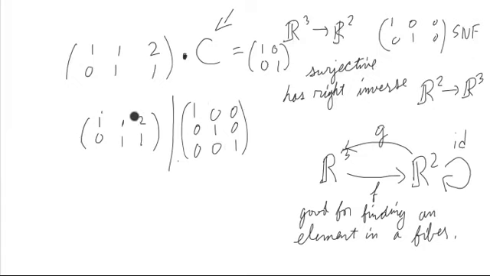So we're going to apply the column operations to the identity matrix, and that will give our column operations matrix, which will be a map from R3 to R3. Then all we have to do is modify this in a way so that we get a right inverse with the right domain.